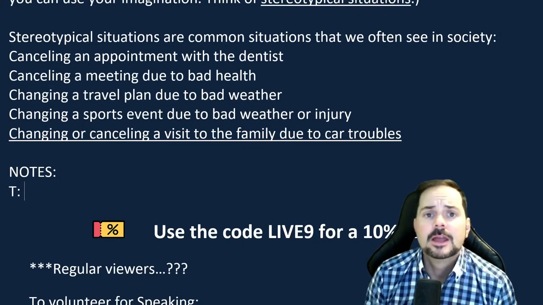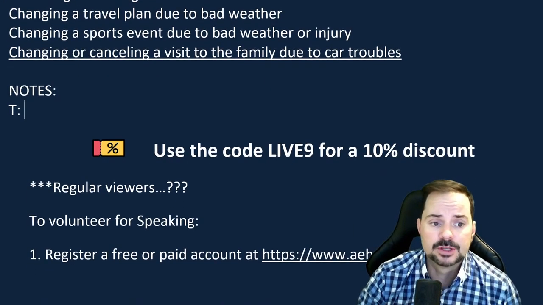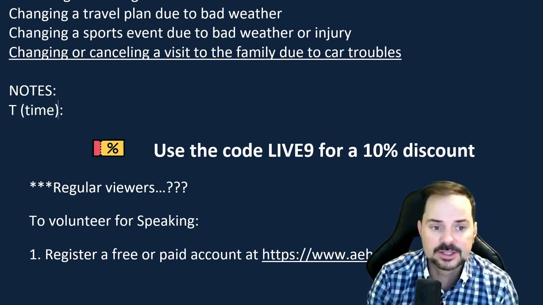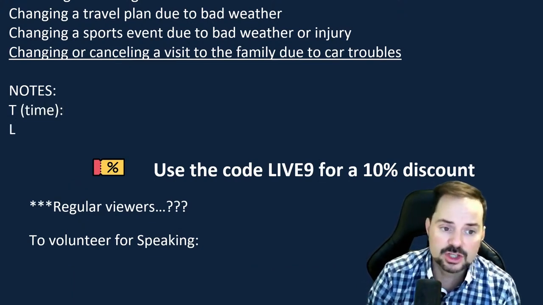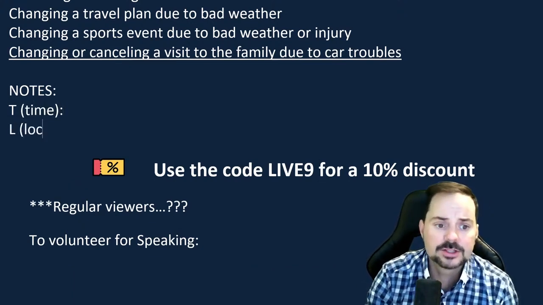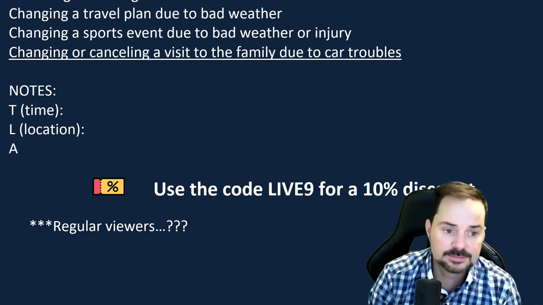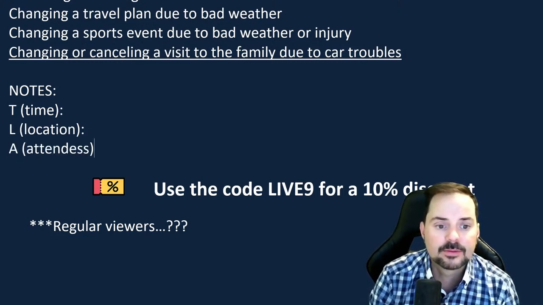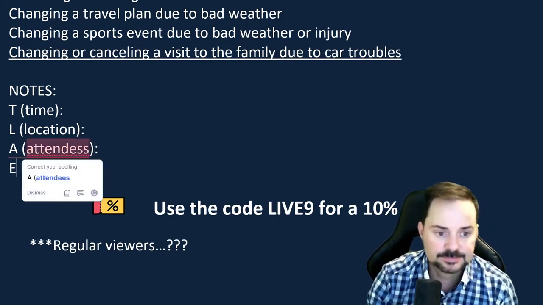Okay. And it's not a bad idea when you're doing your notes, students, to put down T for time. You don't have to do the bracket part. That's just for your learning right now. So T for time, location, L. So you know that you have all of these to talk about, right? So you put down location, L, attendees. Okay. And then experience or activities.